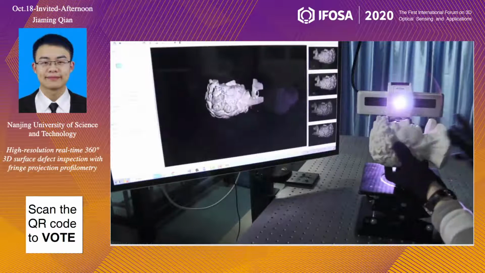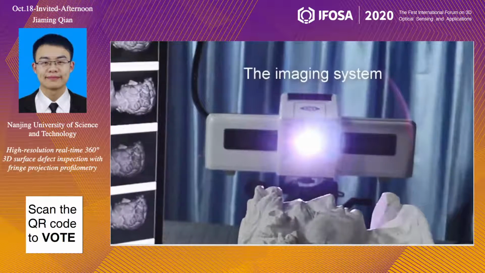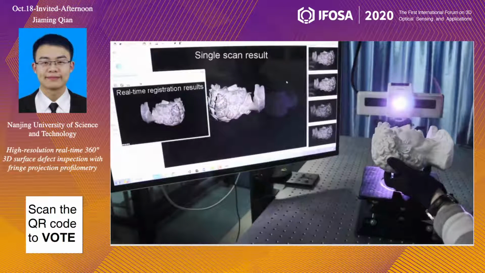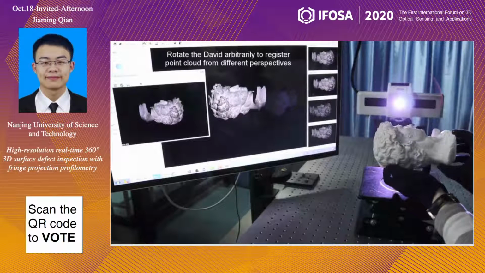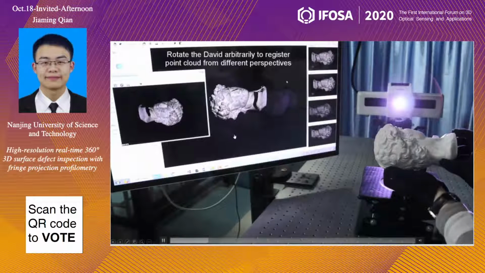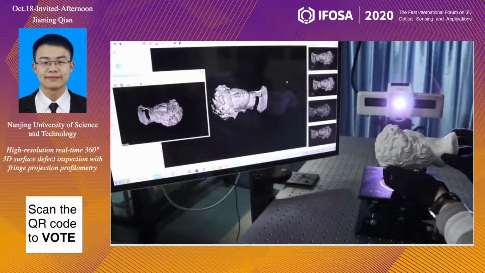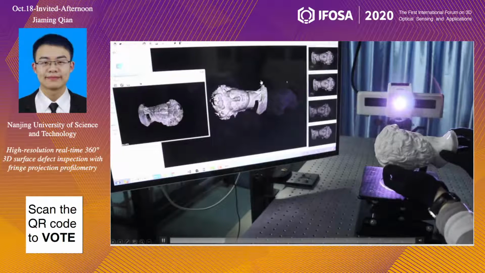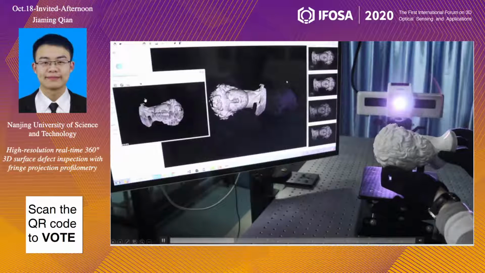We first use our system to measure a David model. And as can be seen in this video, we just rotate the David model by our hands arbitrarily, and our system can well align the measured data from different views. Here, the middle shows the single scanning result, and the left shows the registration result.